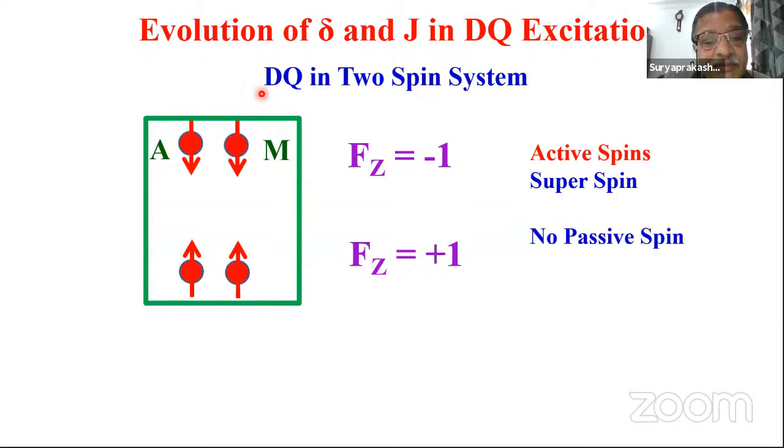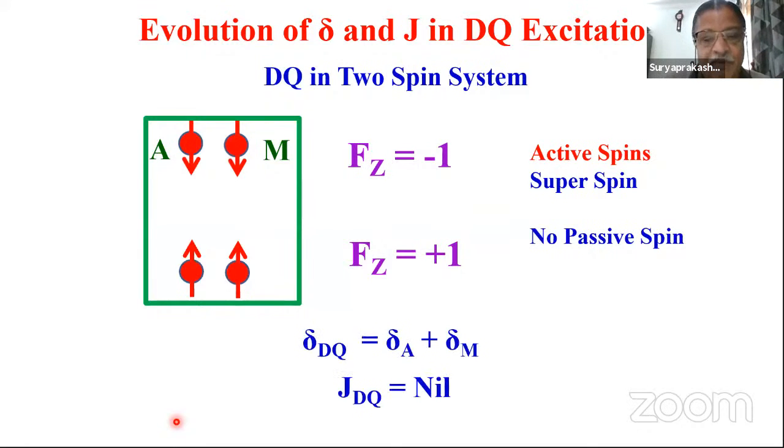I call these 2 spins simultaneously undergoing transitions active spins, and you can consider them as a super spin. And if there is any other spin which is not undergoing transition, we call it a passive spin, also called a spectator spin. Remember that.